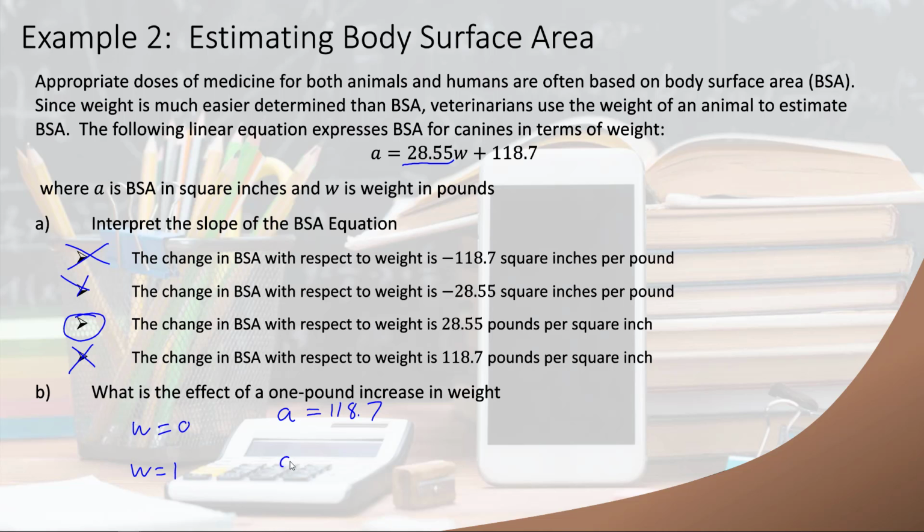Then A is going to be equal to 28.55 times 1 plus 118.7. Notice the 1 pound increase in weight caused the BSA to increase by, you guessed it, 28.55.